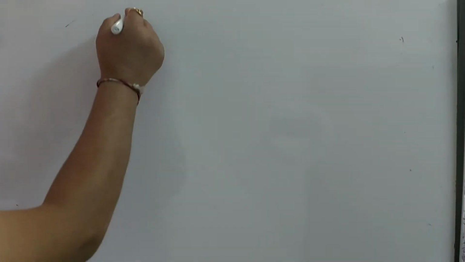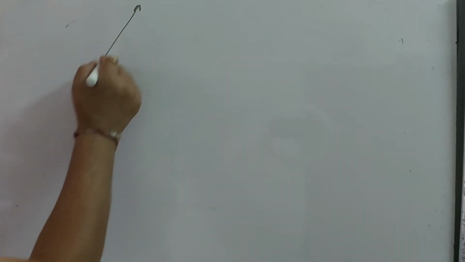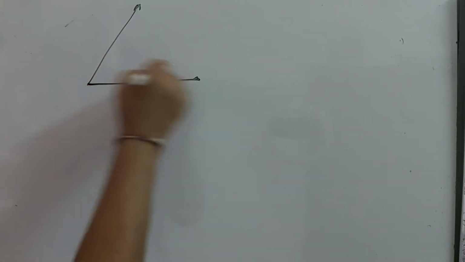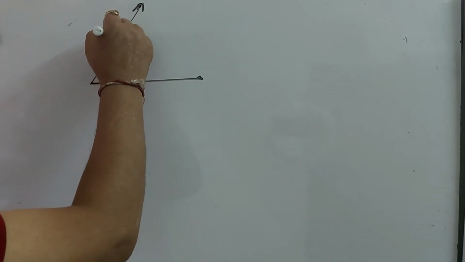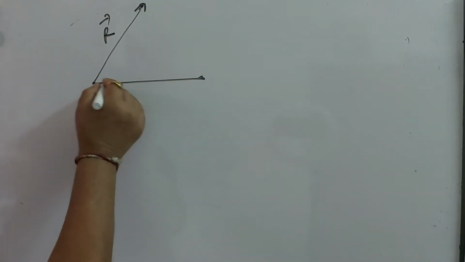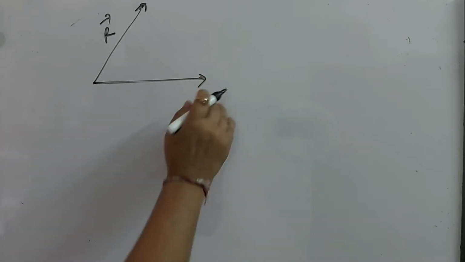Now in the next case, we have to find out the component of a vector in a particular direction. Suppose this vector is R, and we have to find out the component of this vector along this line.